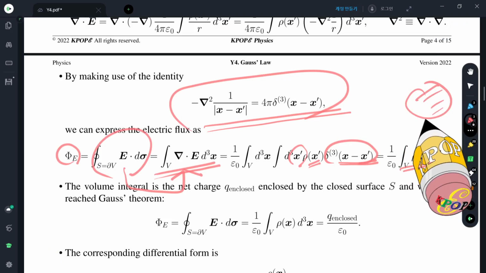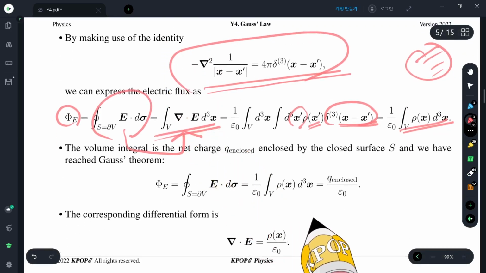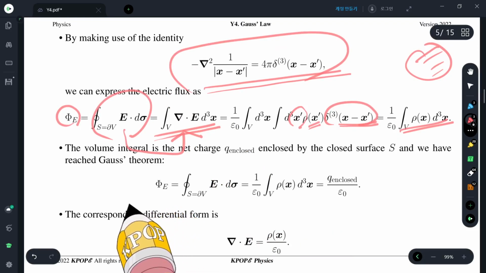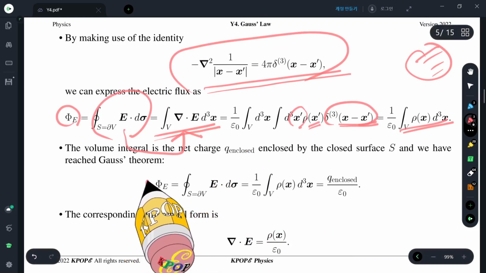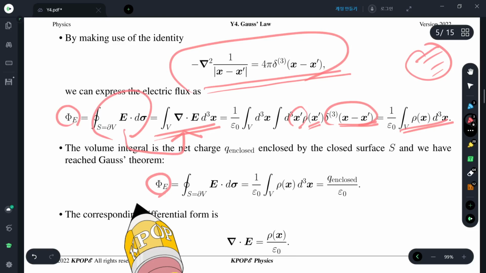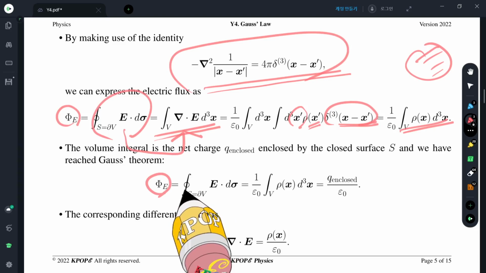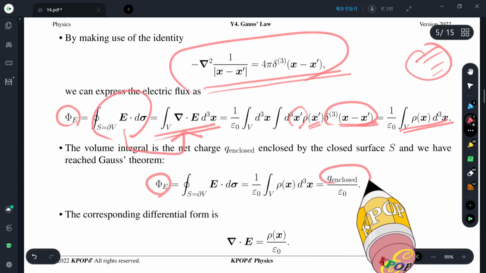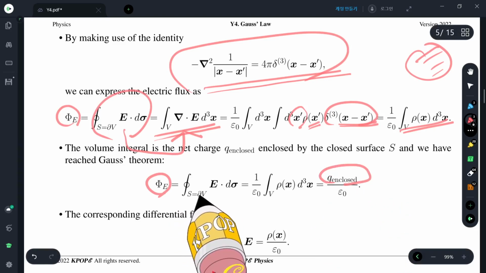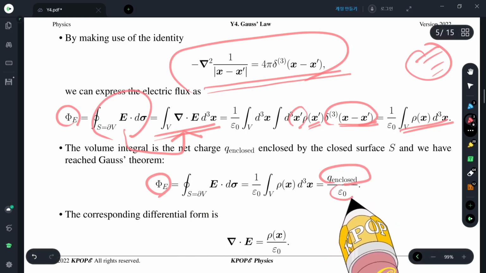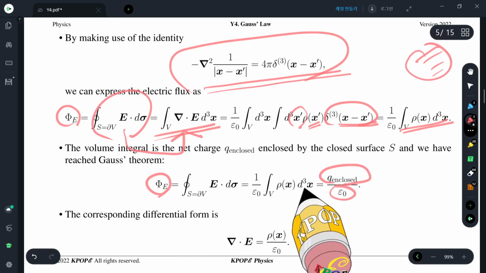This is the integral form of the Gauss law. The integral form of the Gauss law states that the electric field flux integrated over a closed surface is the charge contained inside this closed surface divided by epsilon 0.